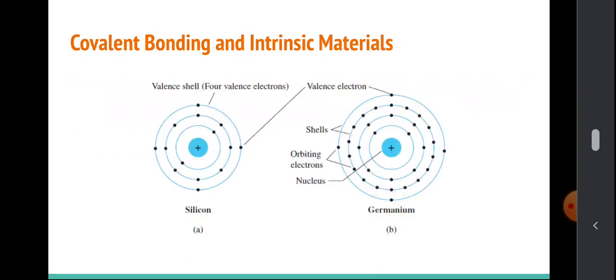So if we look here in the figure, this is the lattice of a silicon and a germanium. A silicon has 4 valence electrons, as you can see in the figure. And the germanium in figure B has 4 valence electrons also.